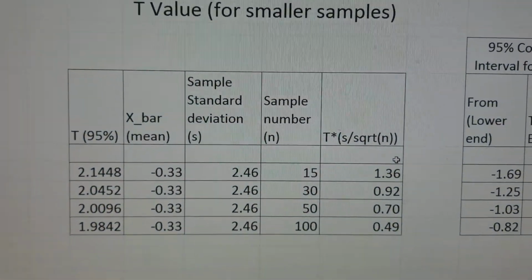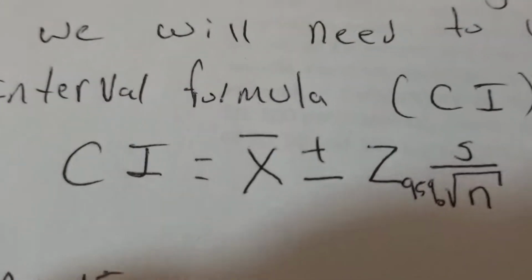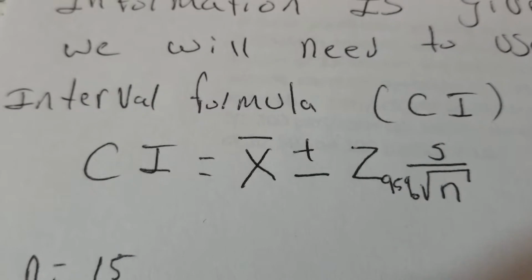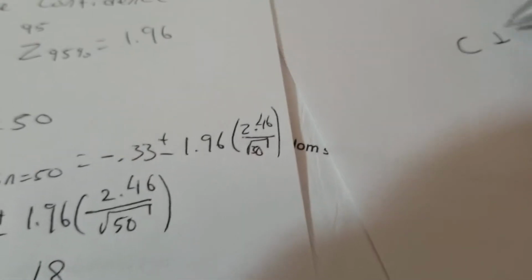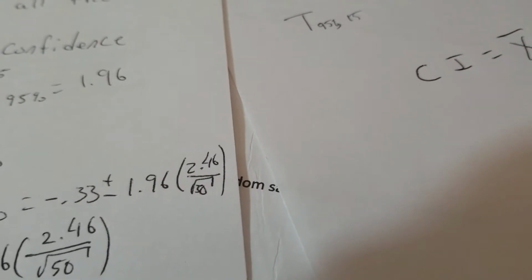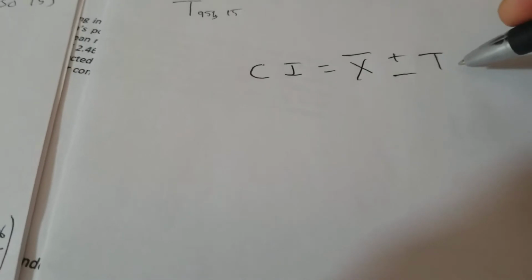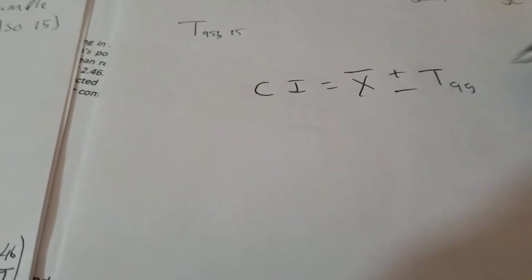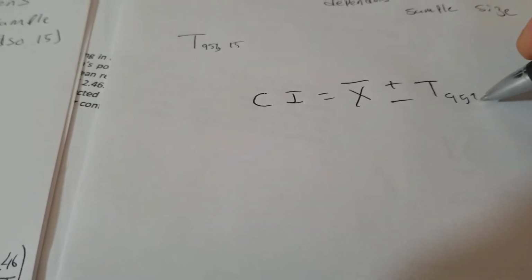So what we did before was that we used our confidence interval based on a z value. Right now, what we want to do is set up our confidence interval based on a t value. That t value is going to depend on my confidence level, again 95%.